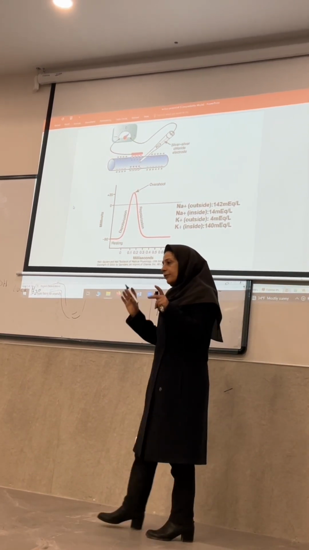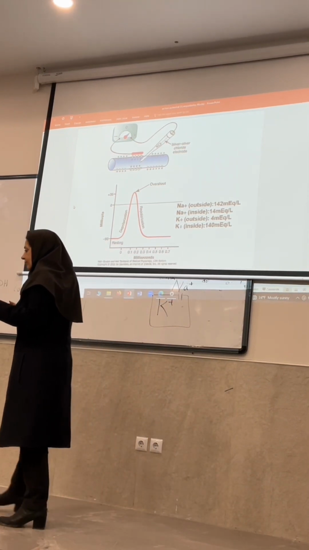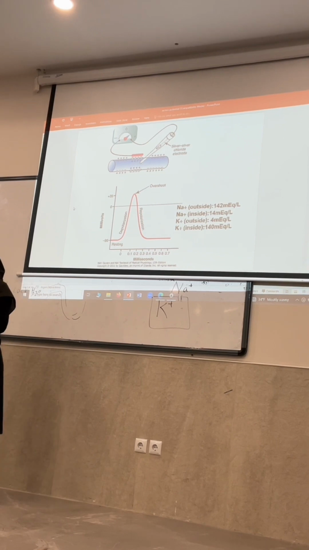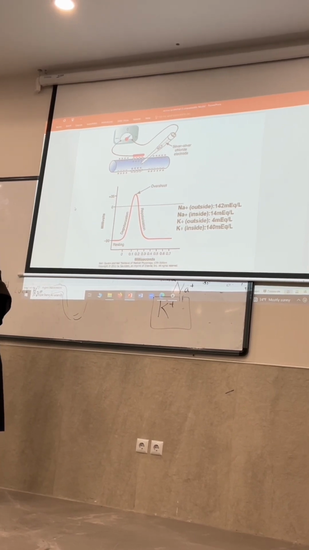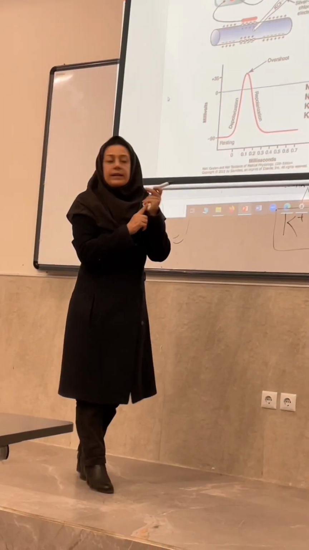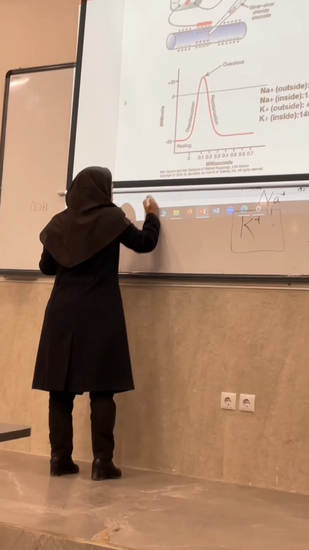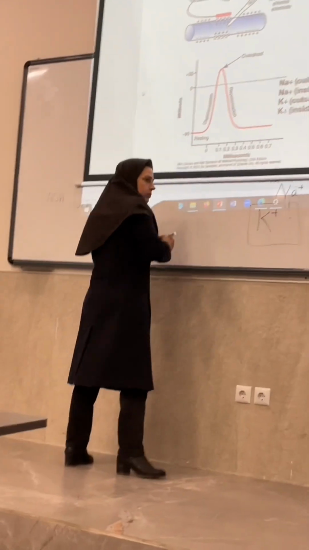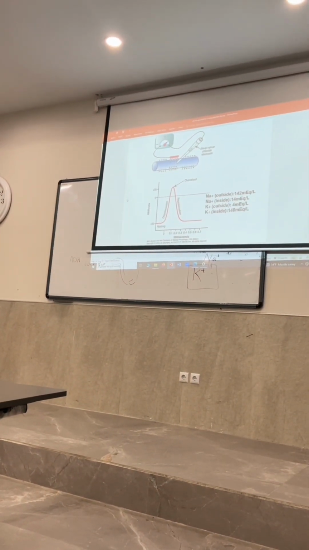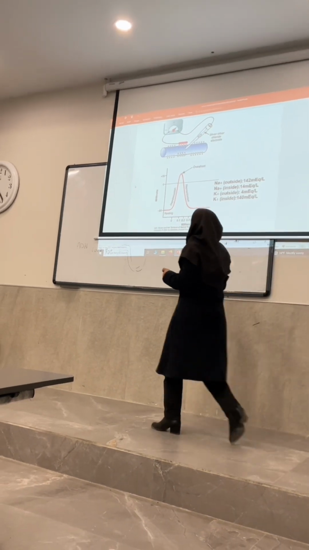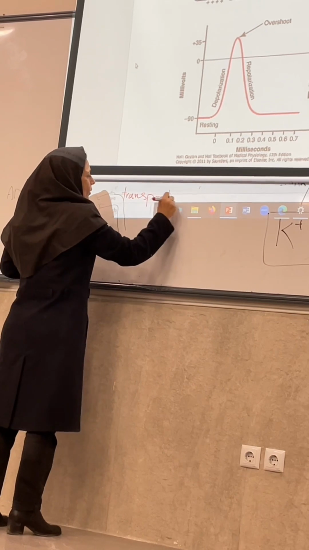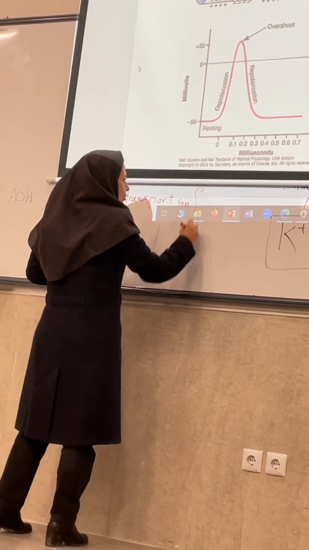So, for every ion that wants to come inside or outside of the cells, we have two forces. One force is according to the concentration. We call it chemical gradient. For transport of any ion, we have two forces.